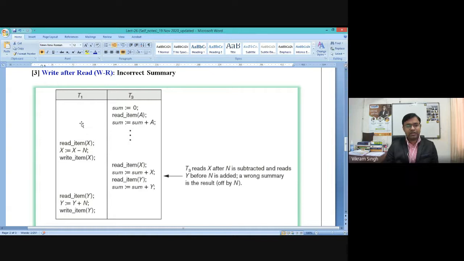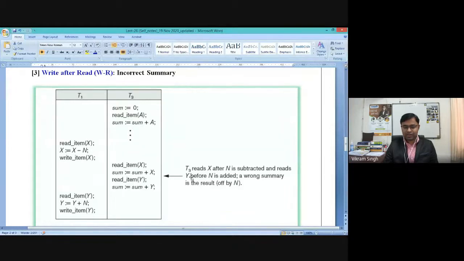Here T1 is trying to update X equals to X minus N, right? So whatever summary we get in T3 after sum equals to sum plus X, before going to read item Y, includes X. It is going to create an incorrect summary, because in between transaction T3 there is a parallel transaction T1 which has modified the value of X, right?